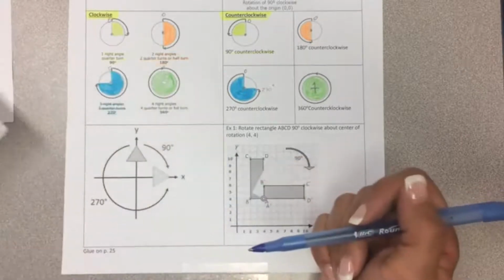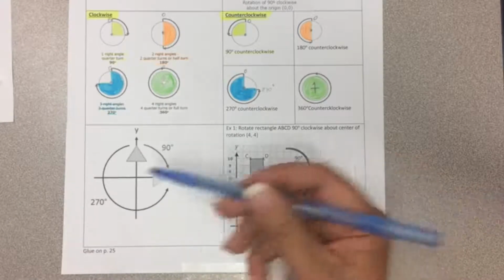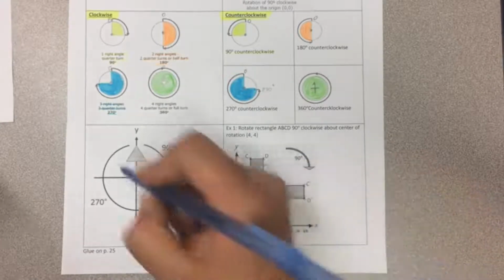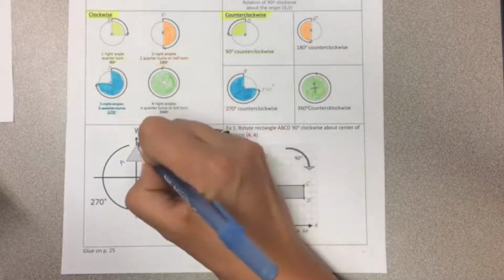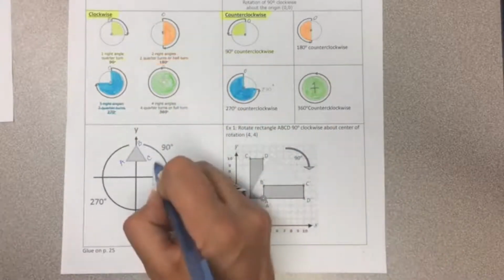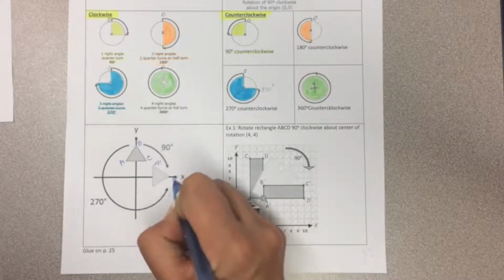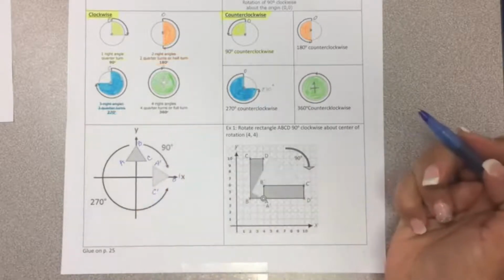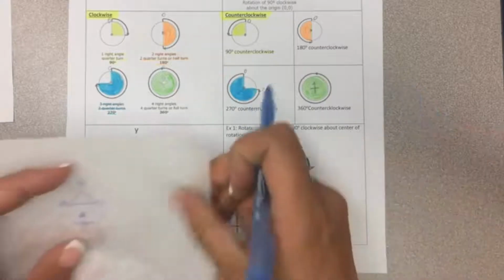So if I was to put in the directions, explaining what transformation was done from the pre-image ABC to the image A prime, B prime, C prime, two different explanations could work.